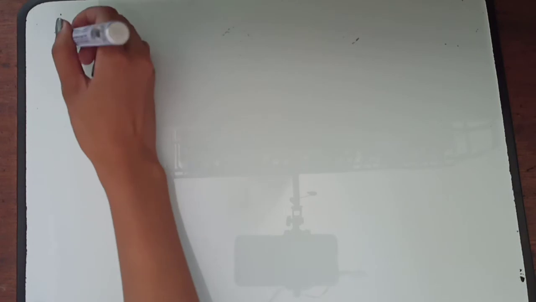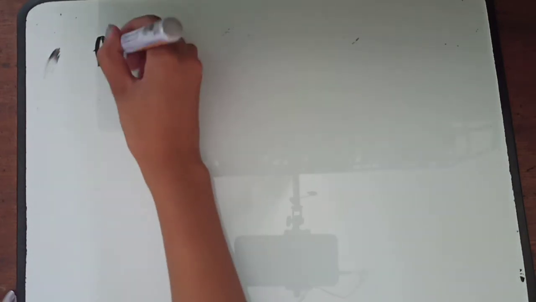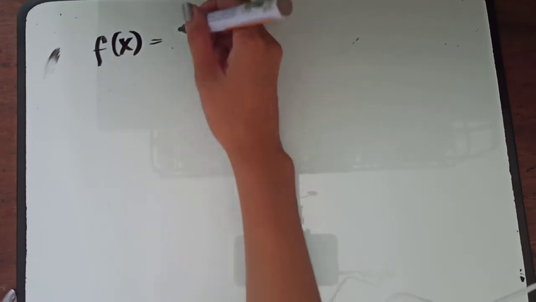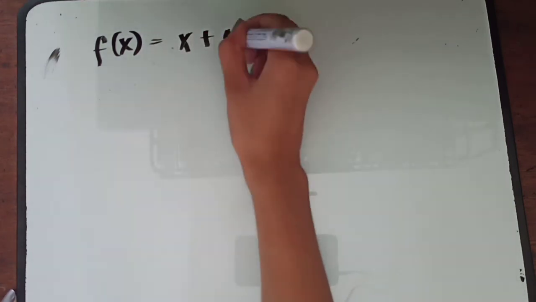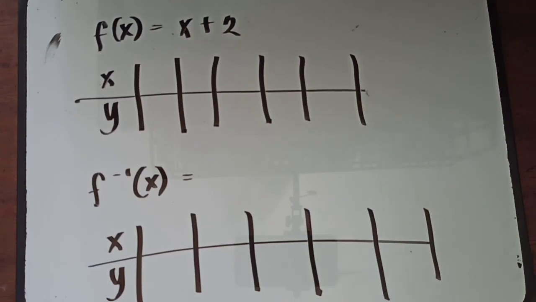So for example, f of x is equal to x plus 2. So we're going to make a table of values.